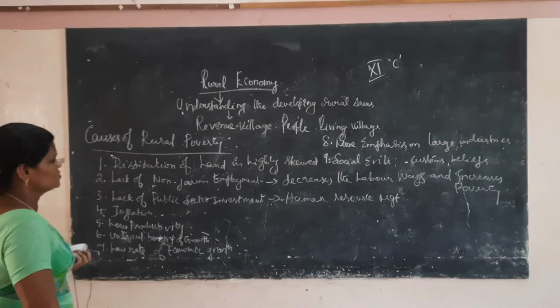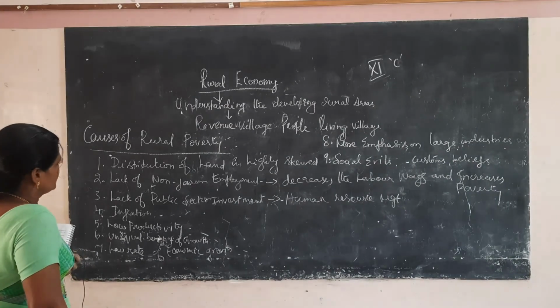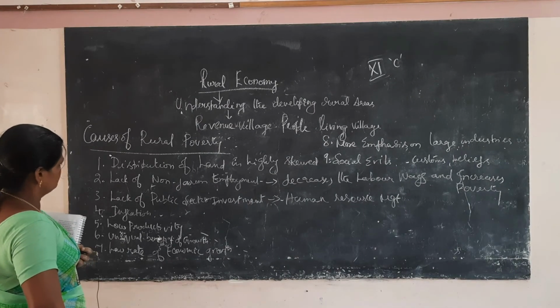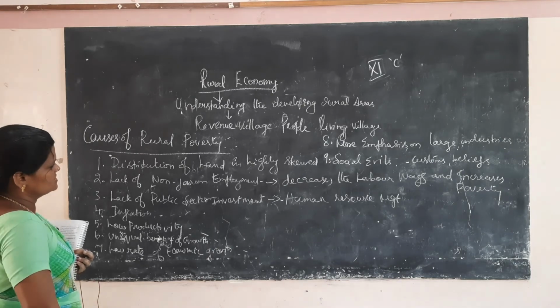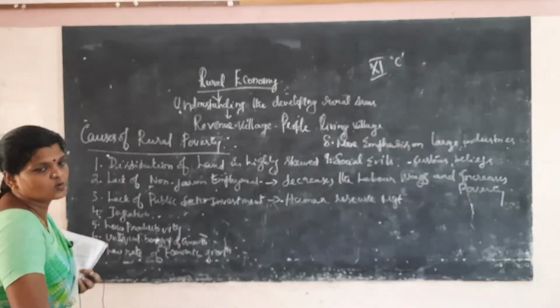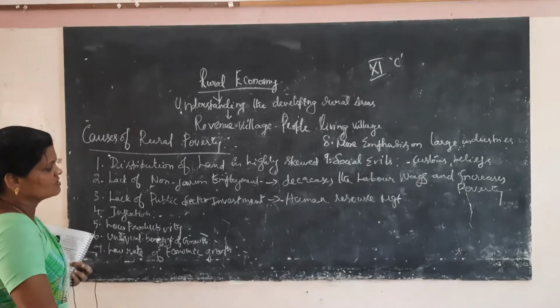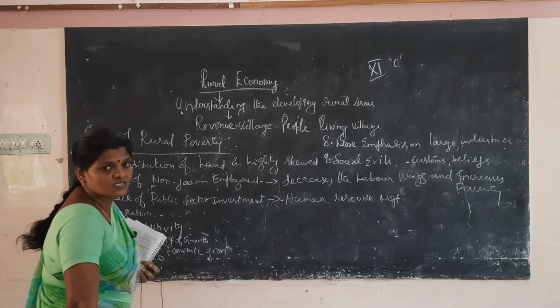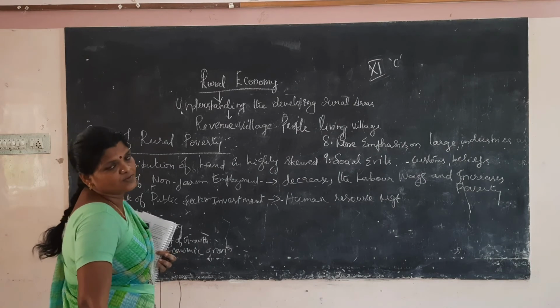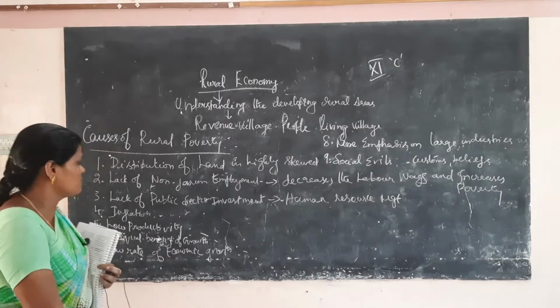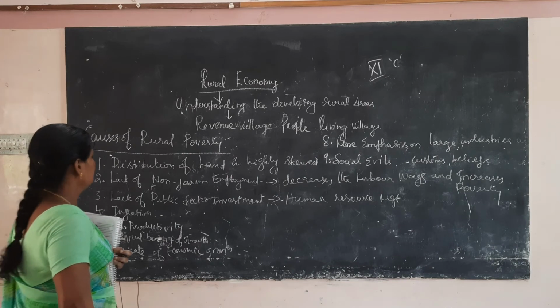First one is distribution of land is highly skewed. Second one, lack of non-farm employment decreases the labor wages and also increases poverty. Next one, lack of public sector investment in human resource management also leads to rural poverty. Next one, inflation.